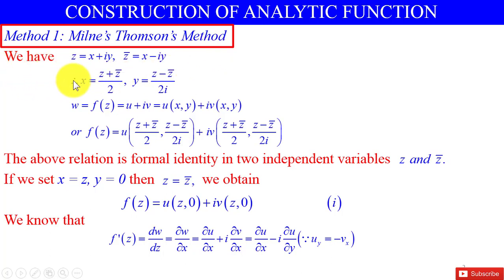We have z is equal to x plus iy, and z bar, which is conjugate to z, is equal to x minus iy.